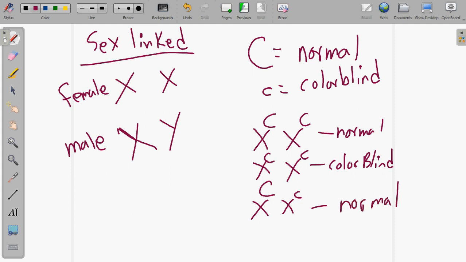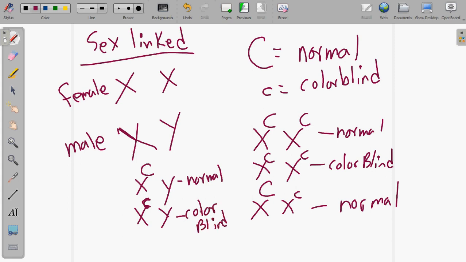Okay. But a male only has one X chromosome. So if they have the normal gene for color vision, they will have normal color vision. If the male has a recessive gene for color blindness, they will be colorblind.